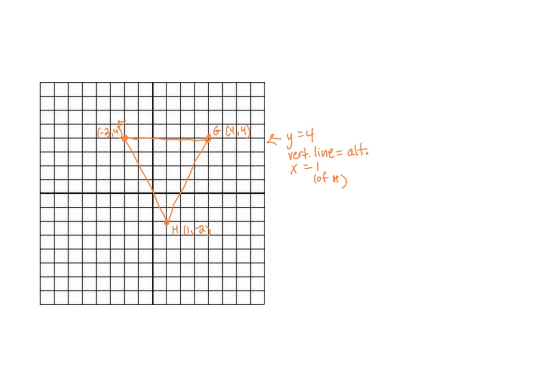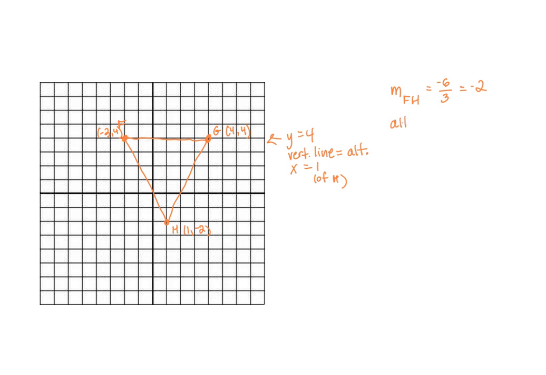So now I just need to find one other altitude. I'm going to choose from point G. So that means I need to run perpendicular to side FH. So I'm going to start by finding the slope of FH, which is negative 6 for a rise over 3 for a run, or negative 2.